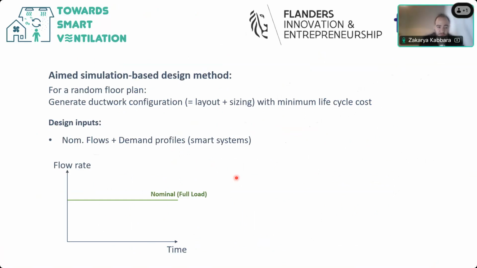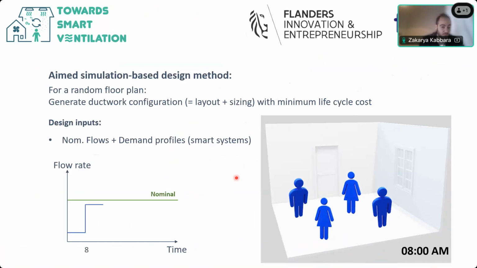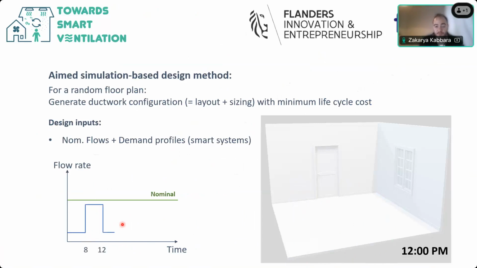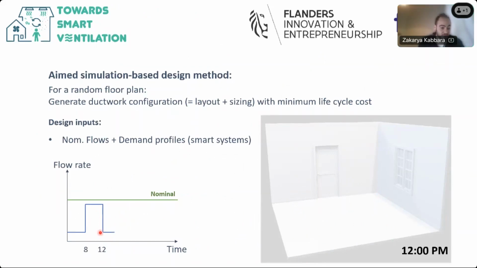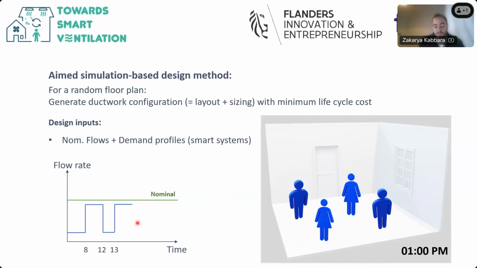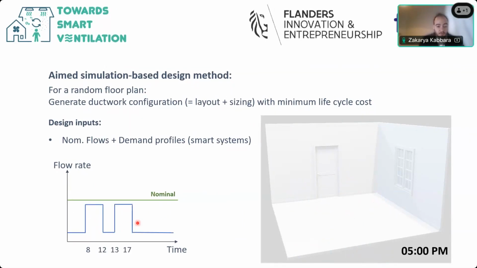How do these demand profiles look like? Let's have a look at a room, and let's say this is an office room, and people start to come at 8 a.m. in the morning, so you can see the flow demand increase, and then they leave to their lunch break at 12, and then the demand flow decreases, then they come back, it increases again, and then they leave to their homes, and then it decreases again.